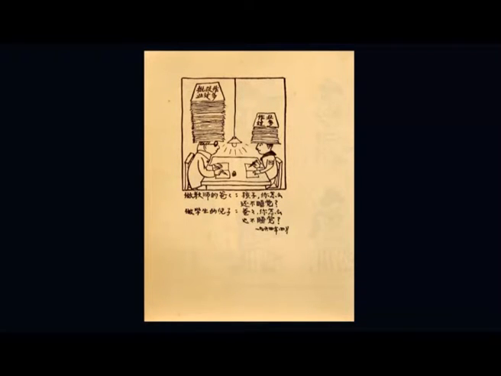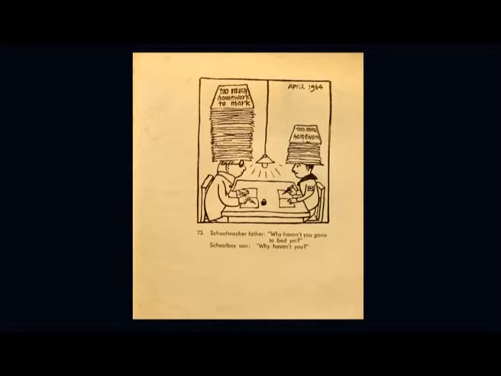You can make many guesses, but if you feel desperate to know what is written over there, we have an English version of the same cartoon, where the school teacher father is saying, why haven't you gone to bed yet? And the schoolboy son replies back, why haven't you?